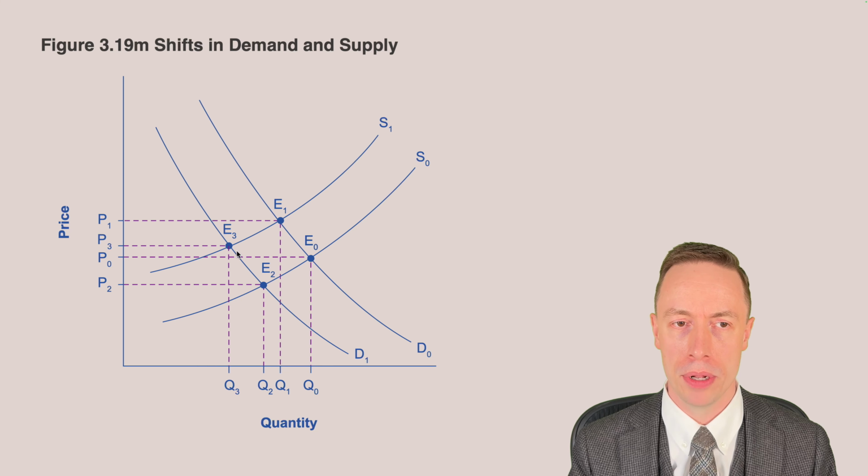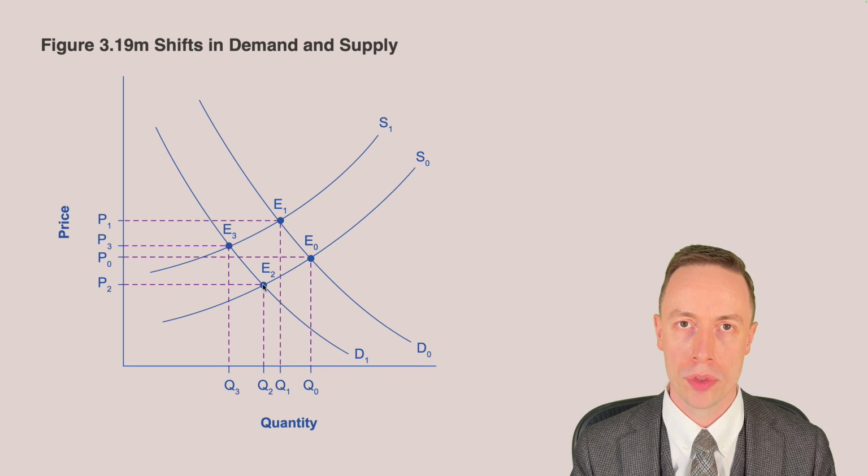Let's do another example. Let's say we're going from E1 to E2. So first of all, why would that happen? To go from E1 to E2, we would need an increase in supply, shifting to the right, and a decrease in demand.